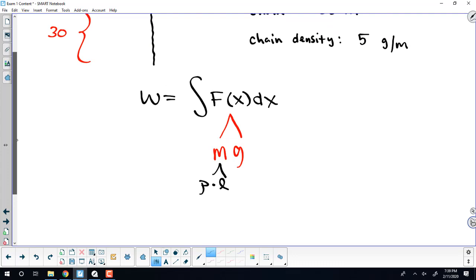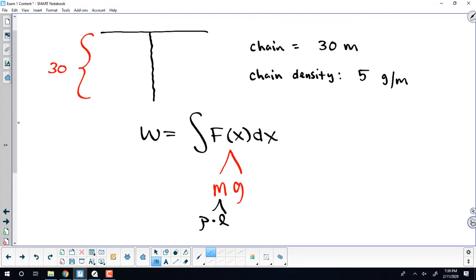For whatever reason, they're treating this as a linear thing. The chain should have volume in theory, right? But this chain doesn't, I guess is the only way to say that. Times dx. But this L right here is the distance of lift for your cross sections.